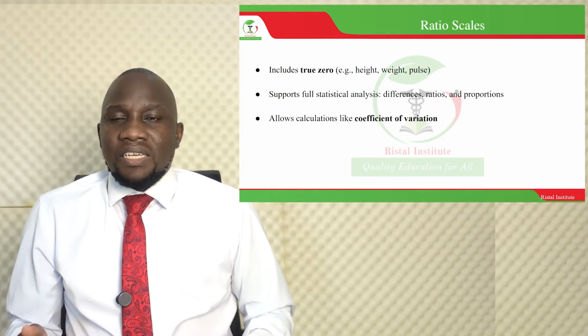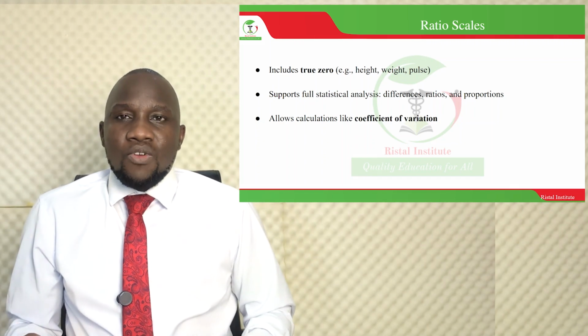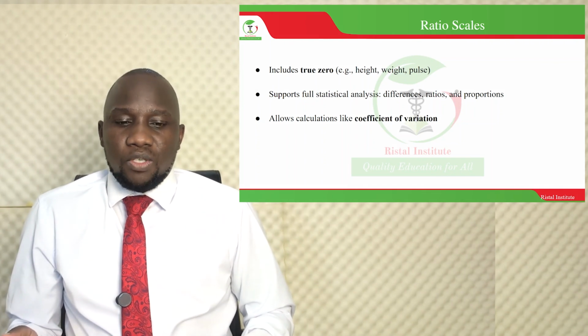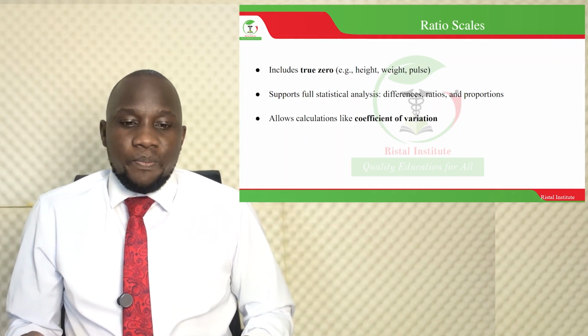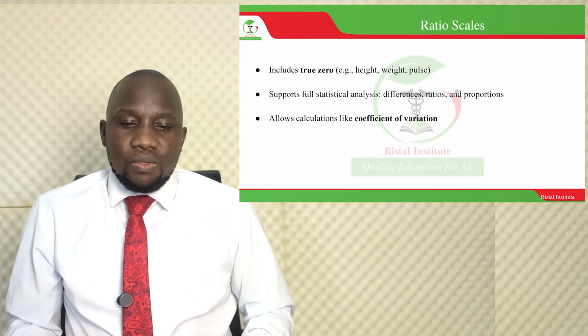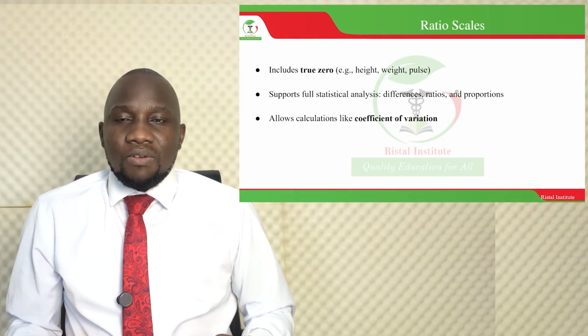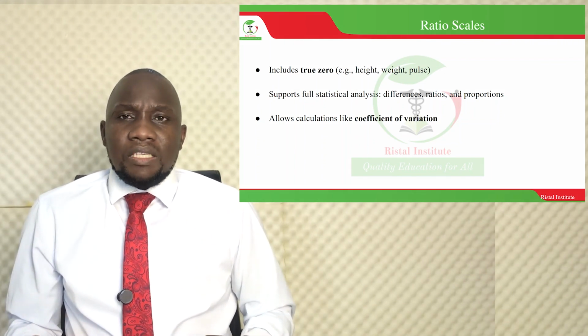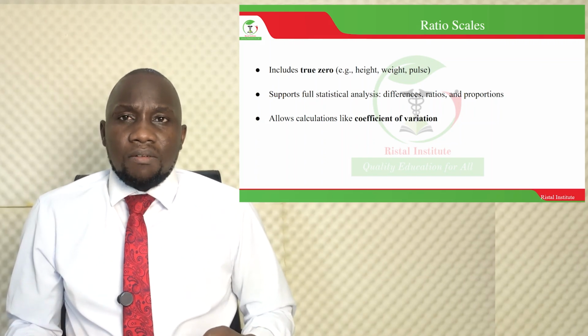So you can do all the statistical analysis that you have, whether it is comparing ratios, or comparisons in terms of proportions and things like that. You can do all that with ratio data. It also allows calculations of the coefficient of variation, which you cannot do with other scales. So it's a good scale, right?